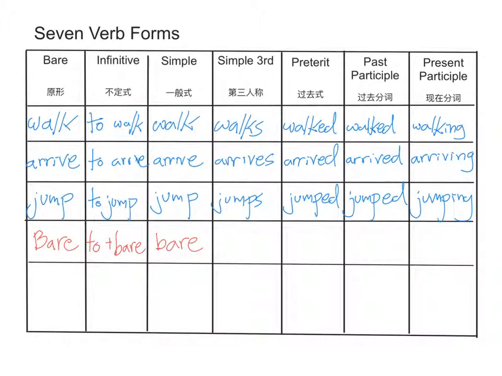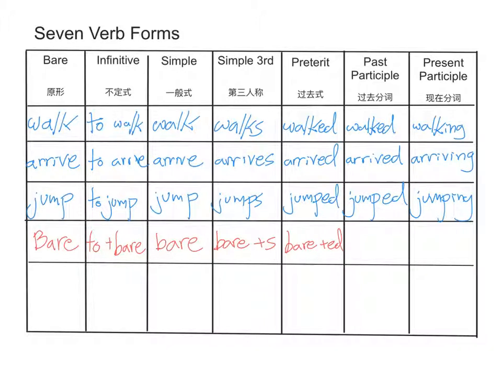The simple third person is the bare form plus s. Sometimes it's es, but that's the general pattern. Bare plus s gives you the simple third person. The preterite form is the bare form plus ed.